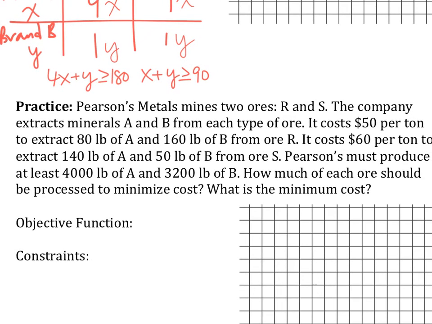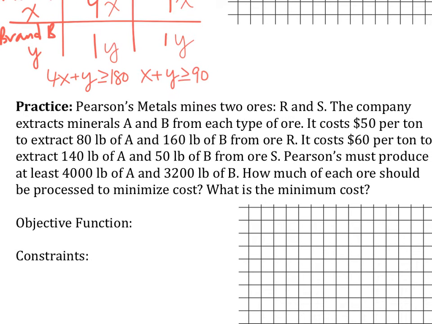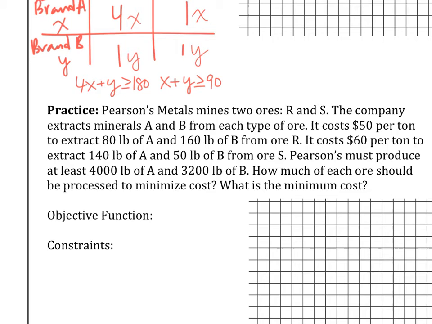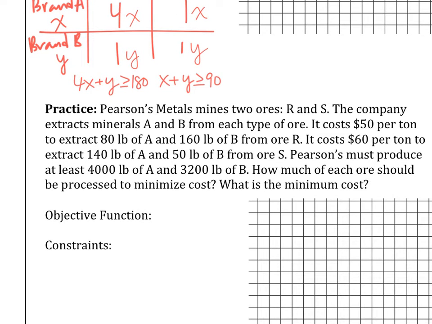Pearson's Metals mines 2 ores. Okay, do you guys know what ores are? They're like metal, but it's like an area that you get minerals from, like a mountain area. You just dig ores. Okay, anyways, the company extracts minerals A and B from each type of ore.